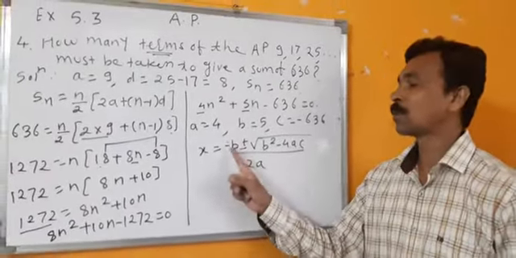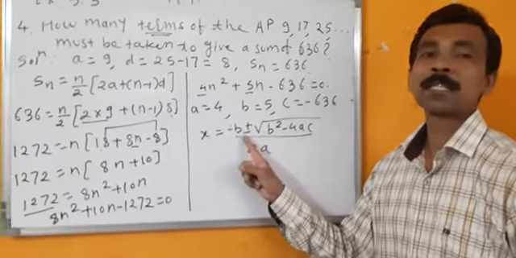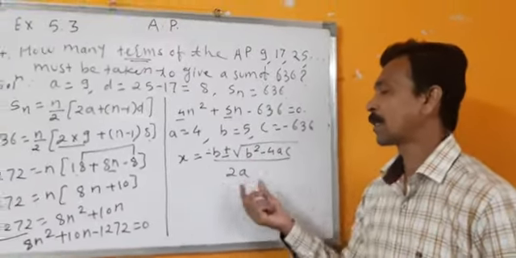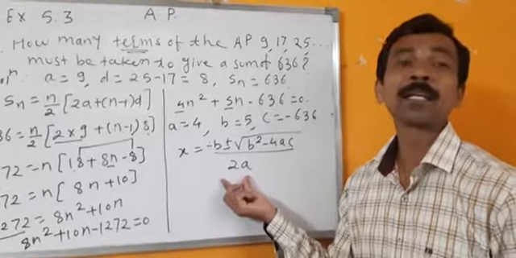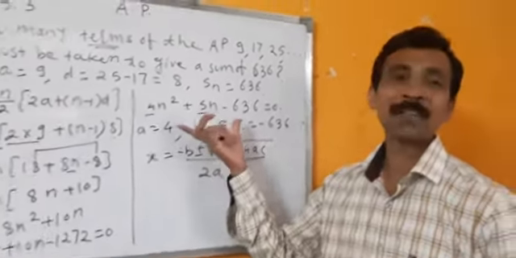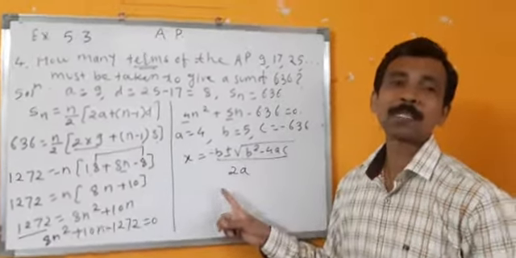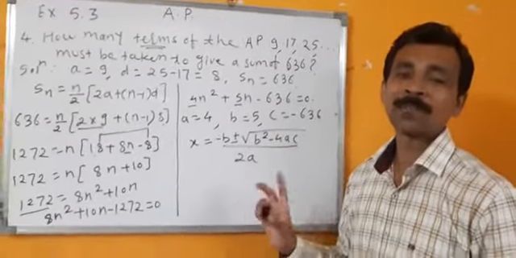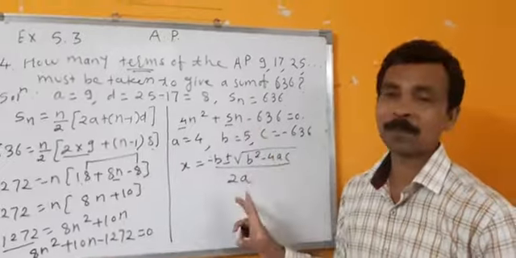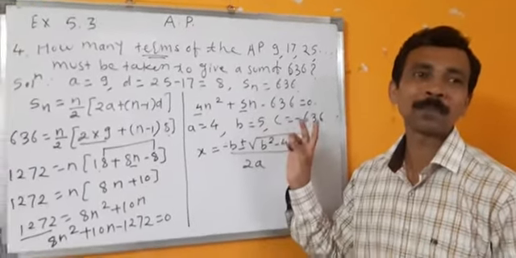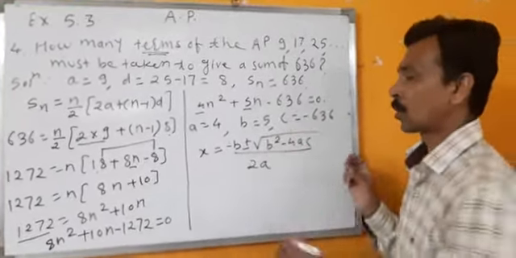When equations are very big, instead of splitting the middle term, the quadratic formula is very easy. But it is up to you; if you want to go by splitting the middle term, you can.